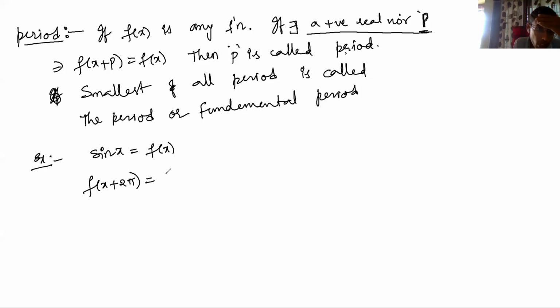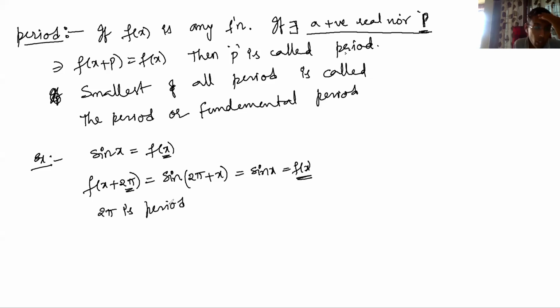Equal to what you get? Sine of x plus 2 pi, right? So x plus 2 pi is 2 pi plus x also. So sine of 2 pi plus x is sine x only. So that means this is f of x only. So f of x plus p equal to f of x. That means 2 pi is period.